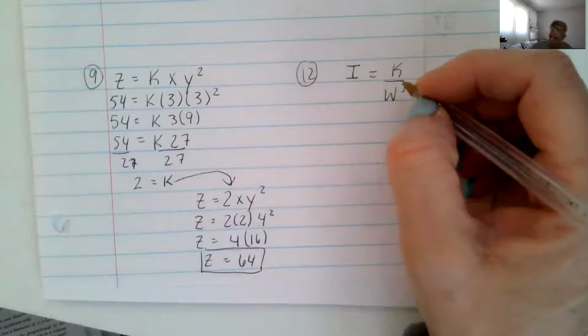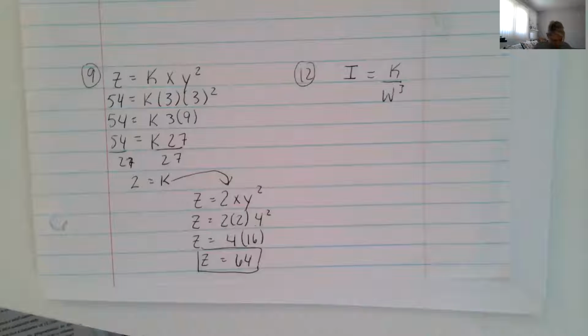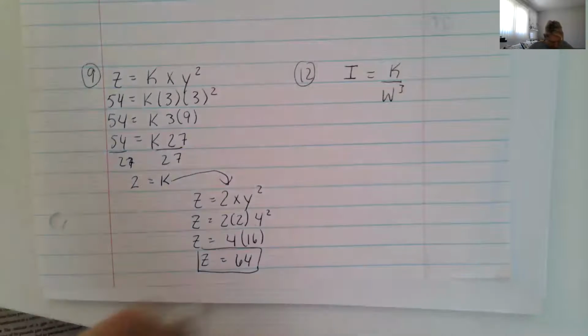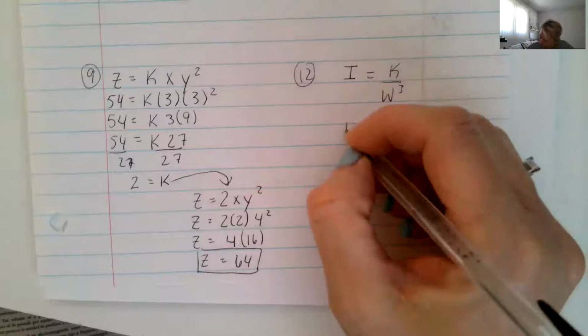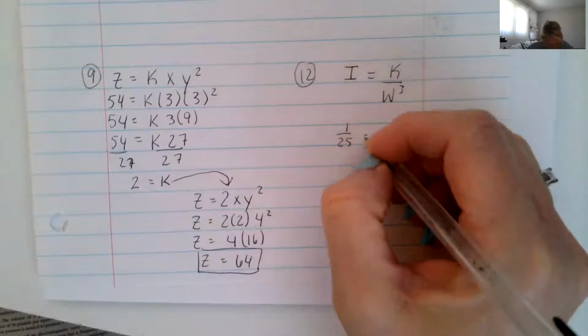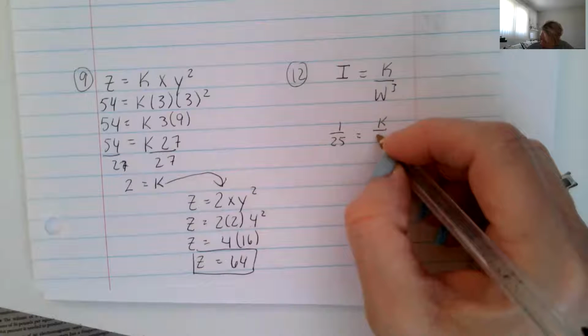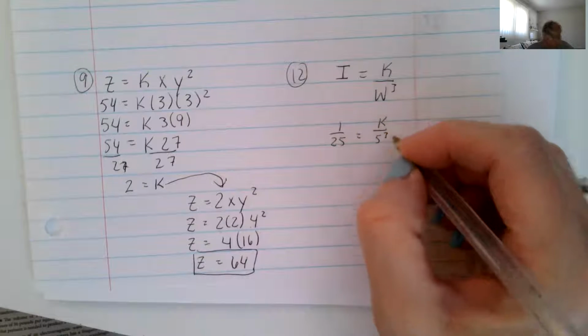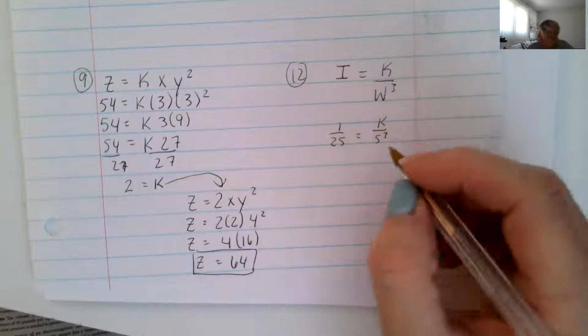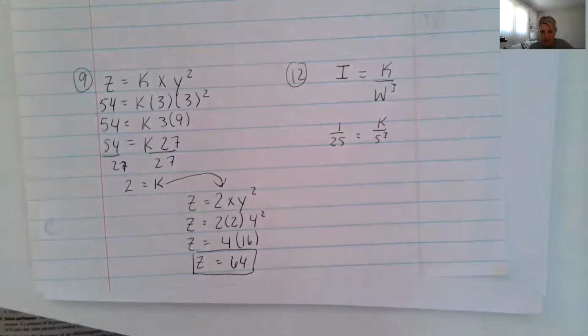And then it says if I is 1/25, so this is 1 over 25, when w is 5, first we have to do that, then we can give it a new situation.